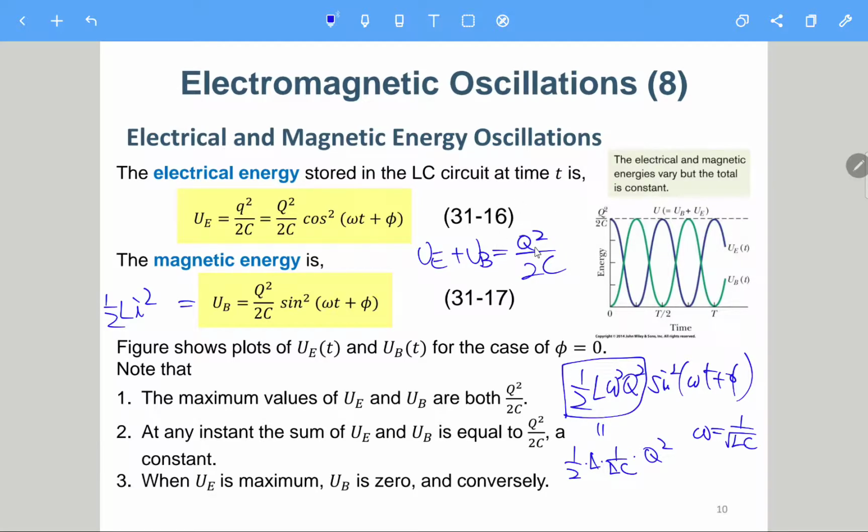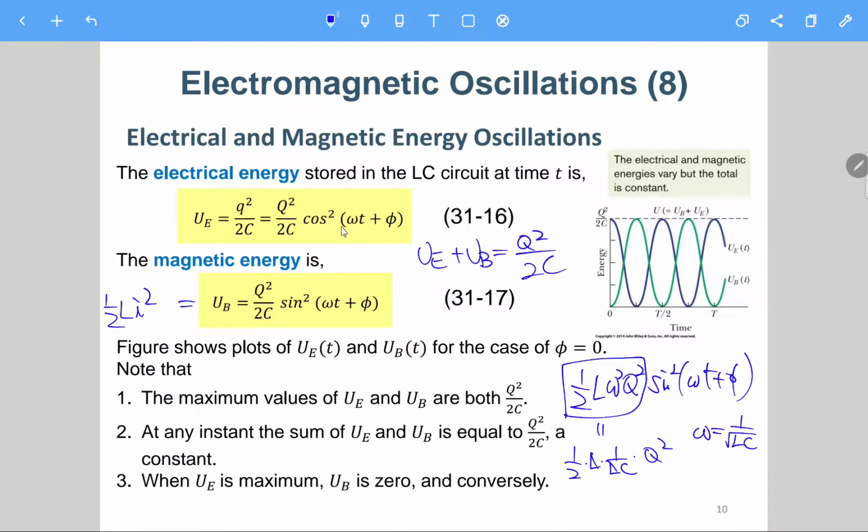If you assume all the charge will not leak to somewhere else, then Q should be a constant. 2C won't change, so C is also a constant. So this one is a constant. So we do have the conservation of energy here.